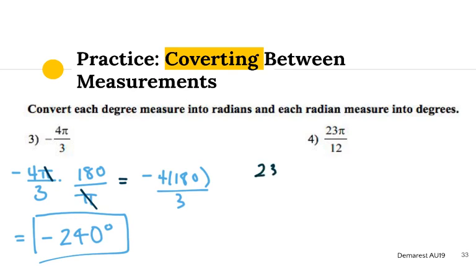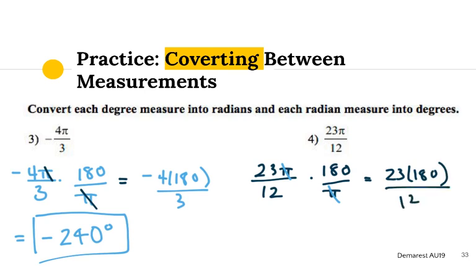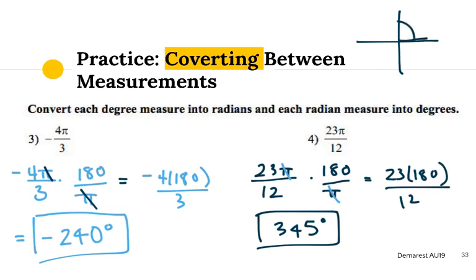Okay, we start here. 23 pi over 12. Well, we're going to multiply by 180 over pi. Our pi's cancel, which leaves us with 23 times 180 divided by 12. And again, that's just something we can type into our calculator. That's going to give us 345 degrees, which should make sense, because remember, 2 pi is once around the circle completely.